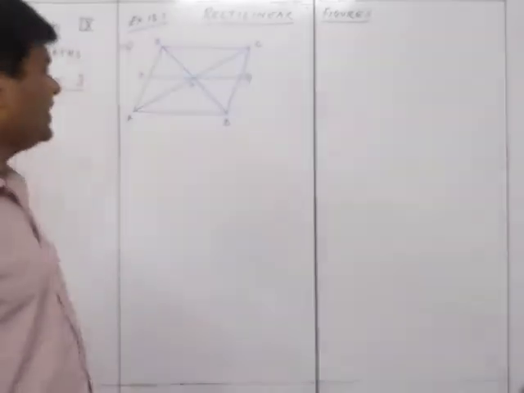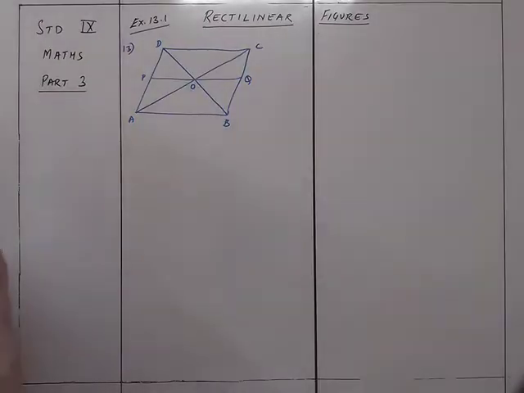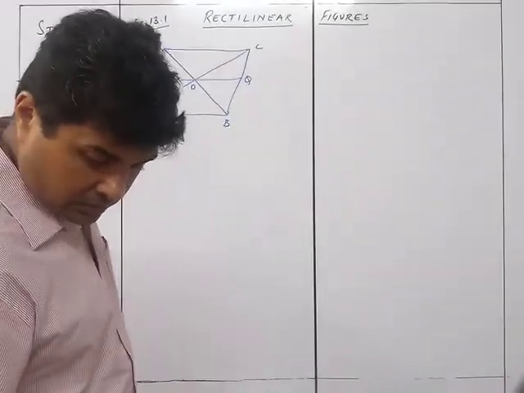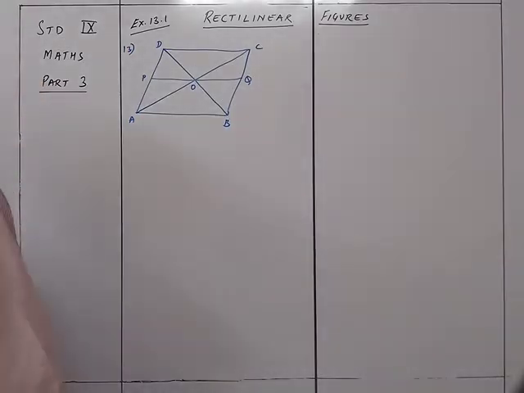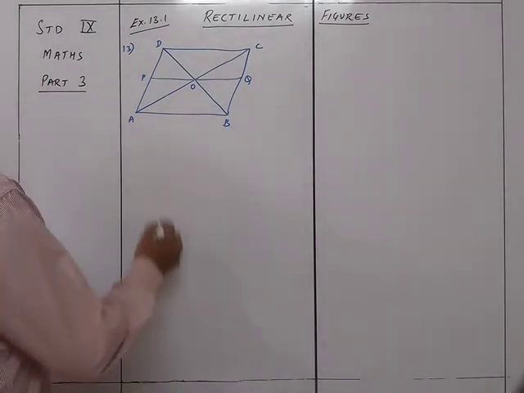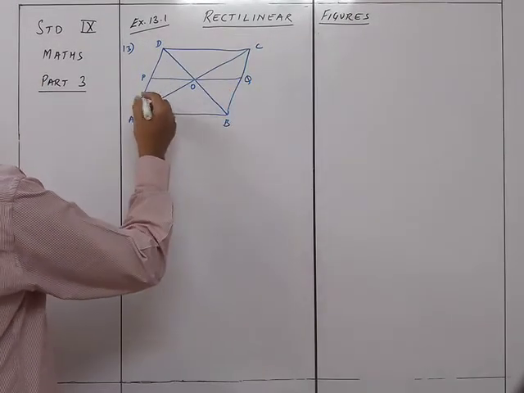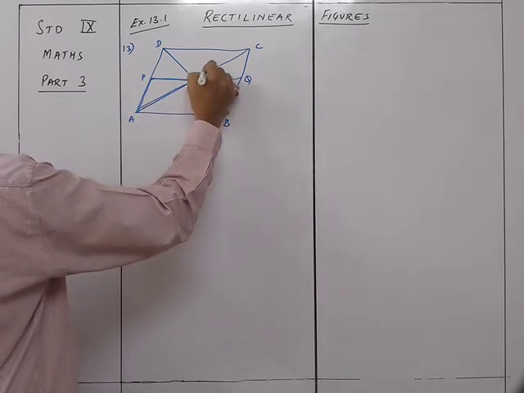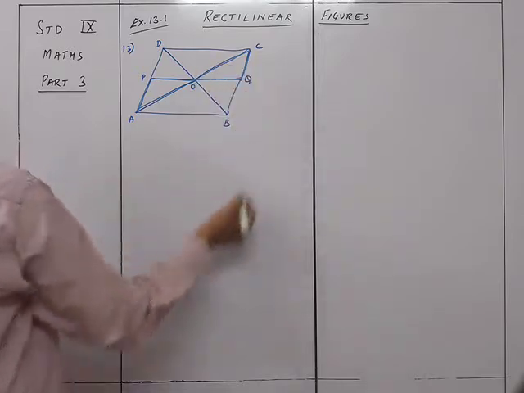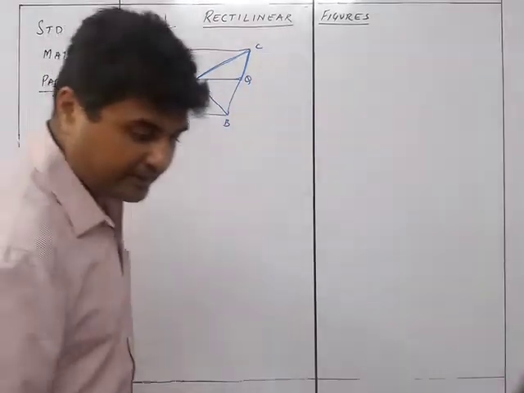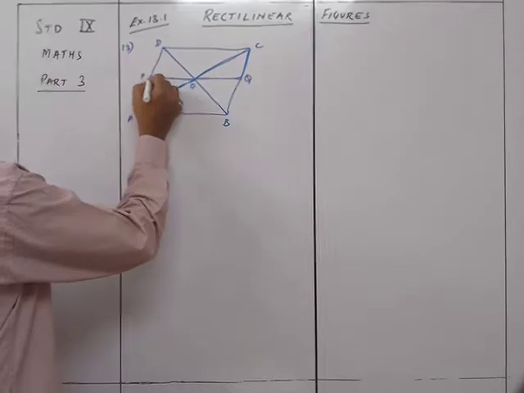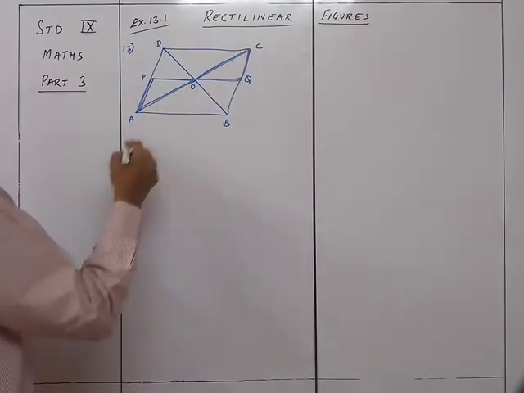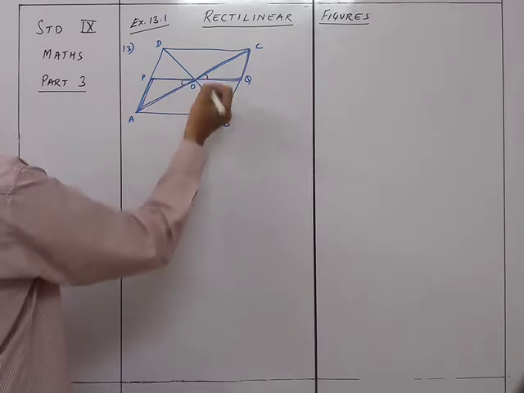So, quite a simple sum. Now, what we have is a parallelogram. So what I'm going to do, I'm going to take this triangle and this triangle, in which these are vertically opposite angles.